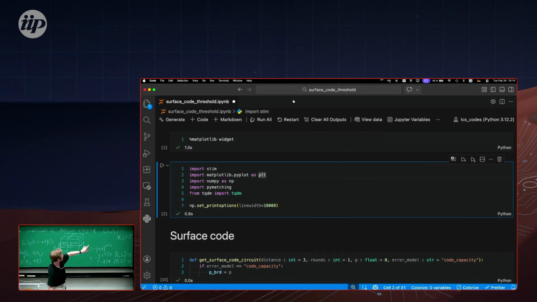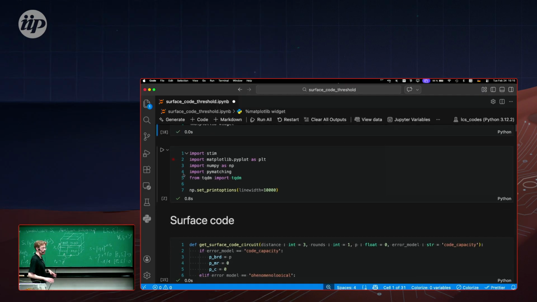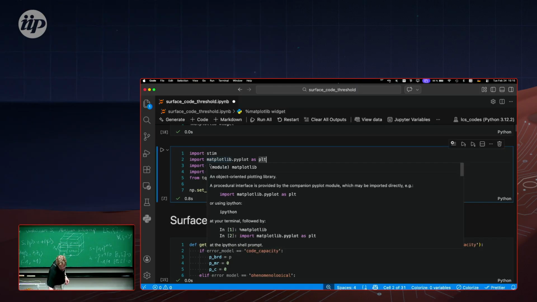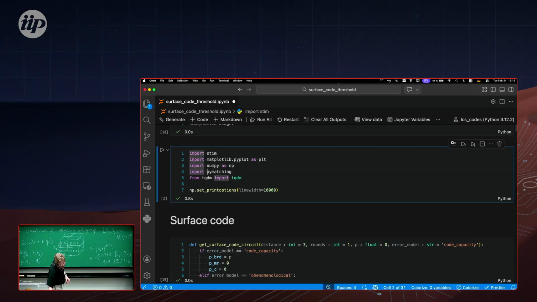Okay, is this approximately readable for everyone? Perfect. I do this because this is approximately what my workflow in my real work looks like. Other than in yesterday's tutorial, I used some libraries. In particular, I use one called PyMatching, which does the decoding for me, so I don't have to care about that.